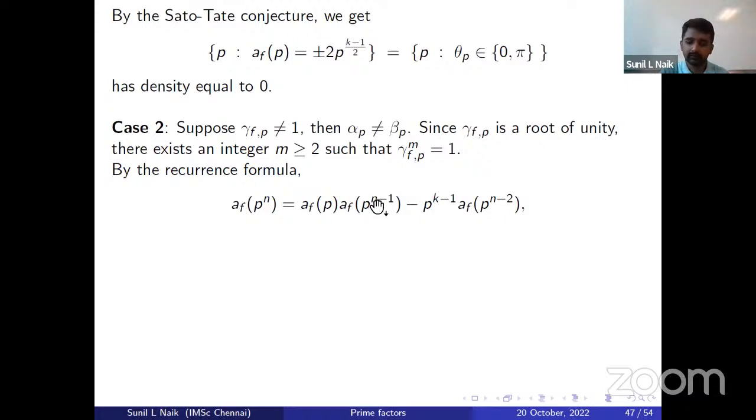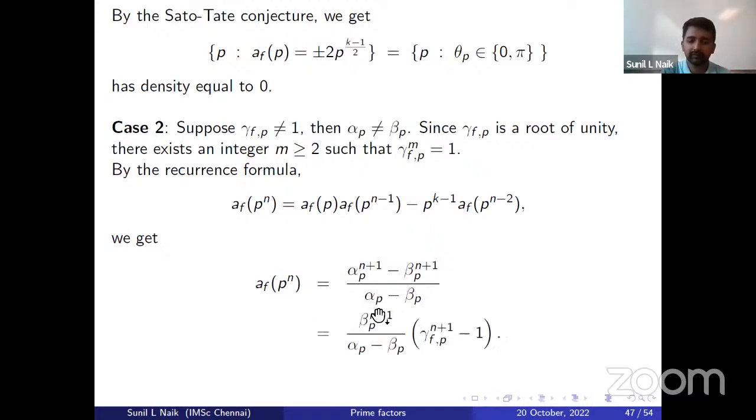By using the recurrence formula, we can show that f of p to the power n is equal to alpha p to the power n plus 1 minus beta p to the power n plus 1, divided by alpha p minus beta p. By taking beta p to the power n plus 1 out of this expression, we get f of p to the power n equals beta p to the power n plus 1 divided by alpha p minus beta p, times gamma p to the power n plus 1 minus 1.